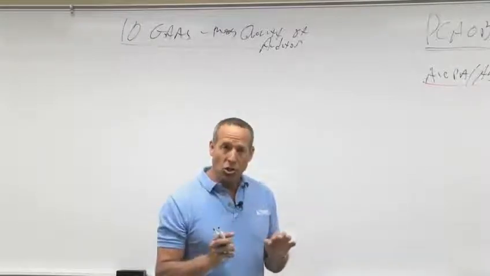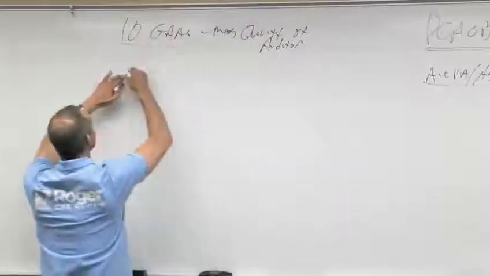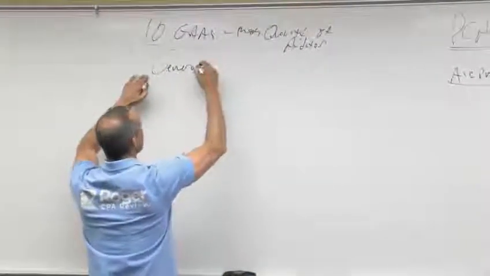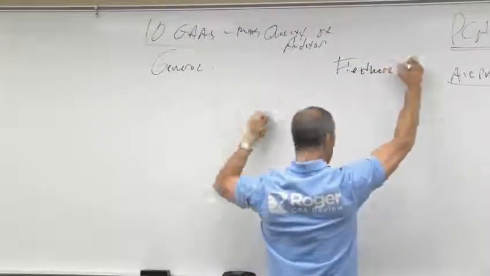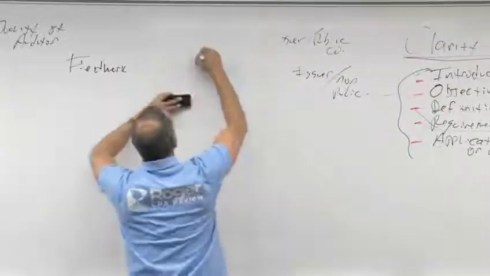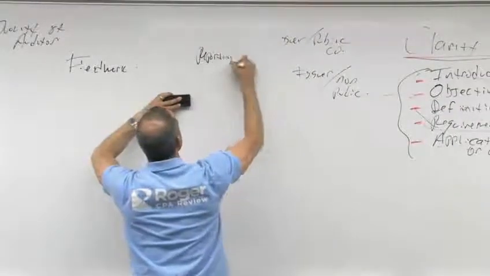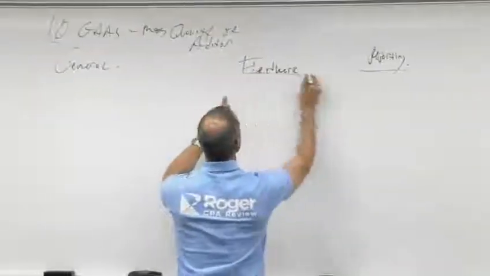Now, generally accepted auditing standards are broken up into three main categories called the general standards, the standards of field work, and the standards of reporting. We've got general, field work, and reporting.